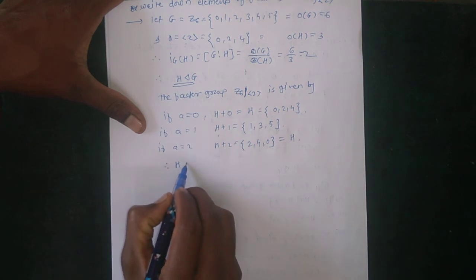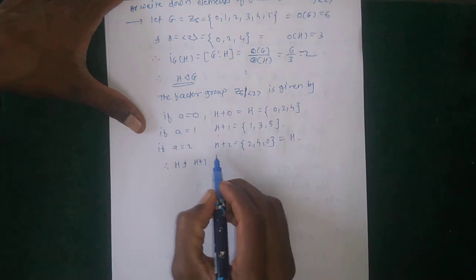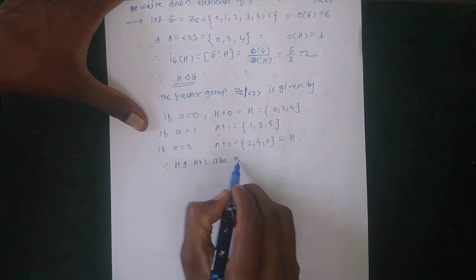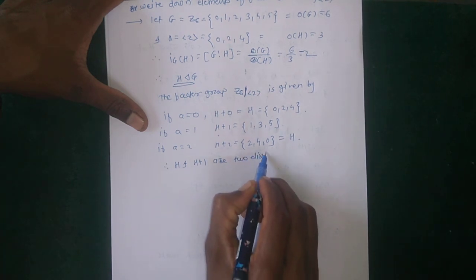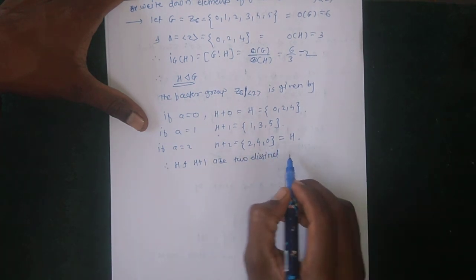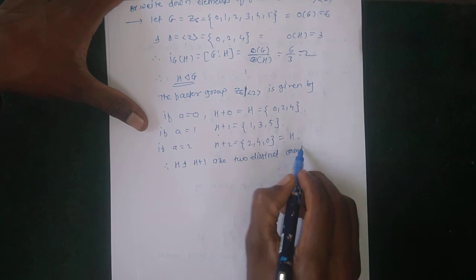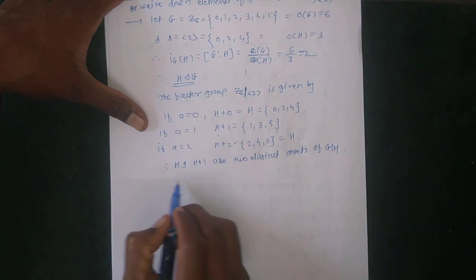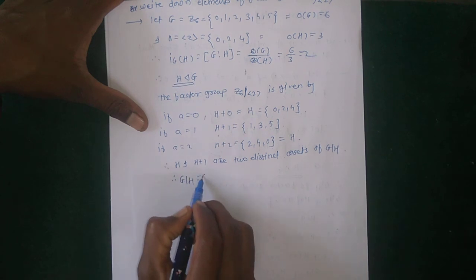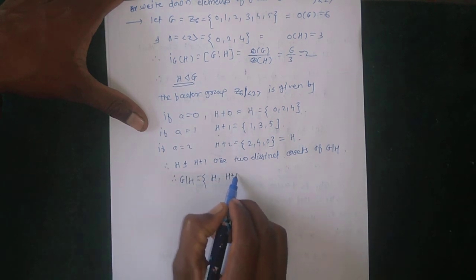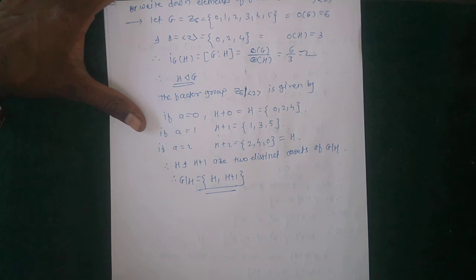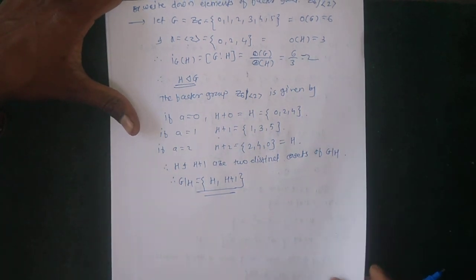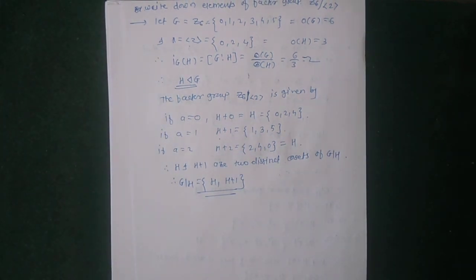Therefore H and H plus 1 are the only two distinct cosets of G over H. Therefore G over H equals H and H plus 1. So these are the elements of the factor group Z6 over H, okay, Z6 over the subgroup generated by 2.